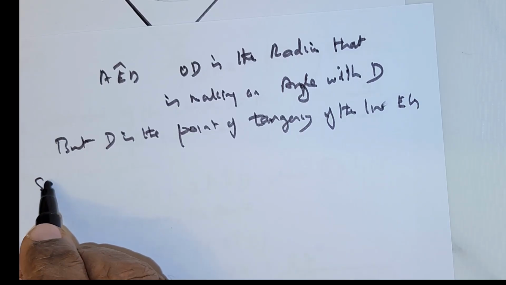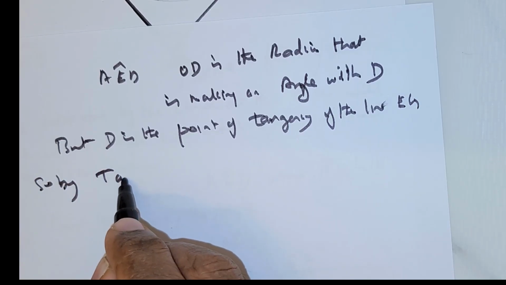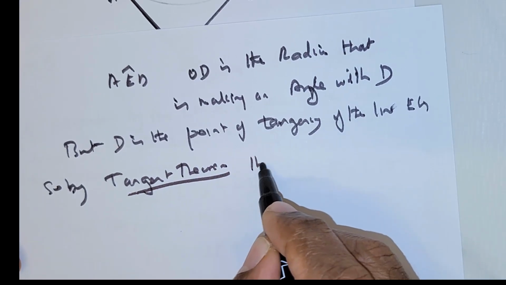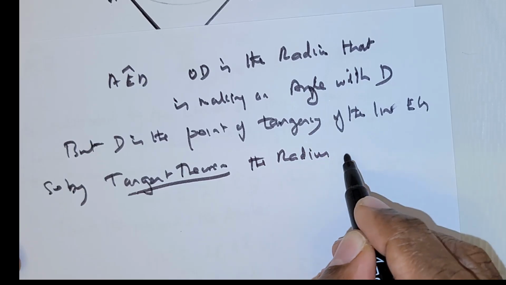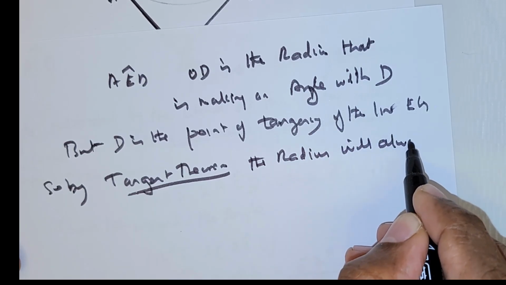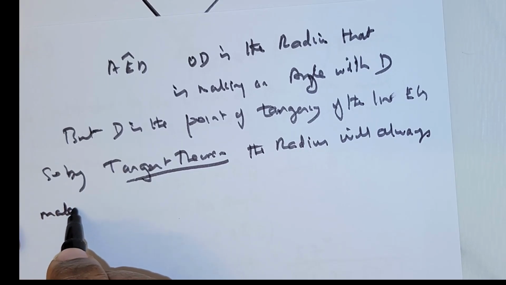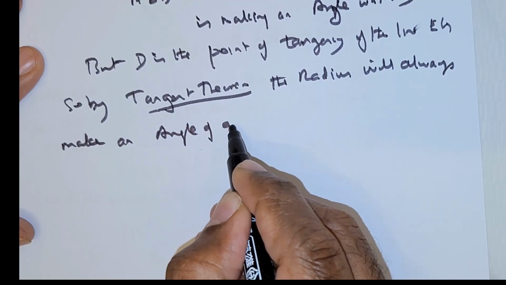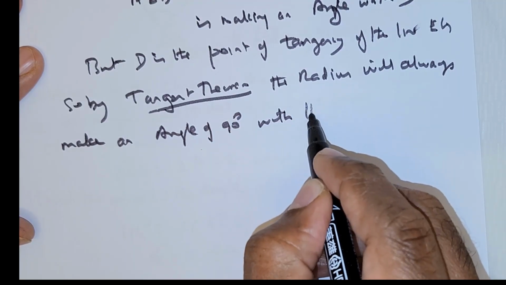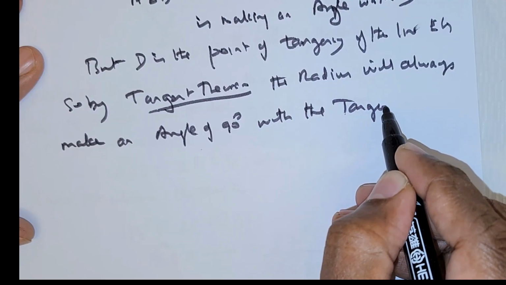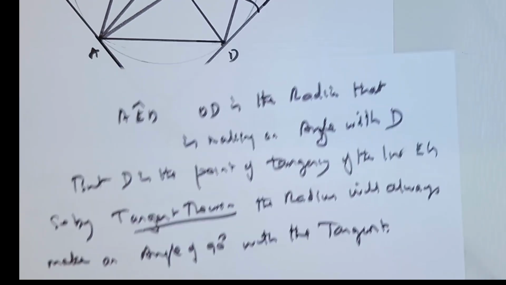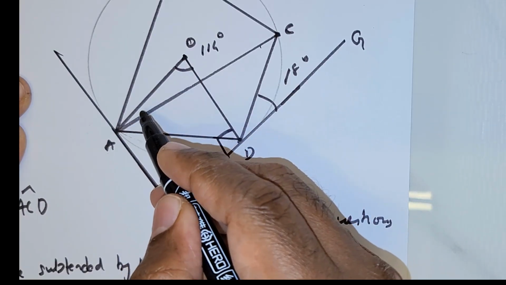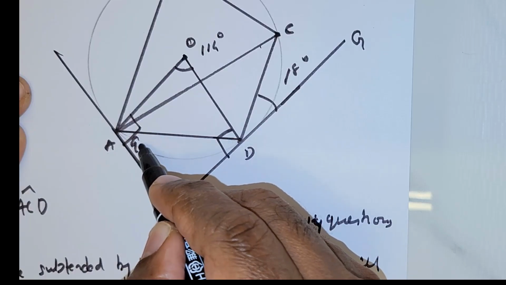EG. So by the tangent theorem, the radius will always make an angle of 90 degrees with the tangent. Okay, so by this theorem there is a 90 degree angle here, and by the same theorem there is a 90 degree angle here.